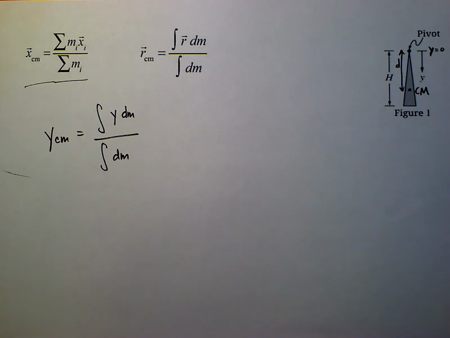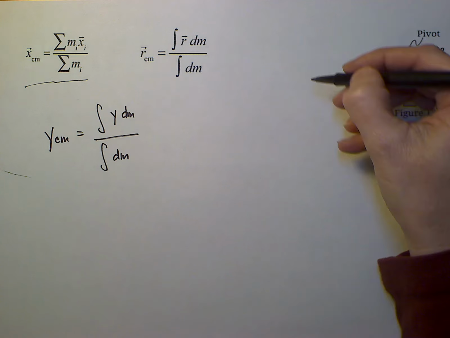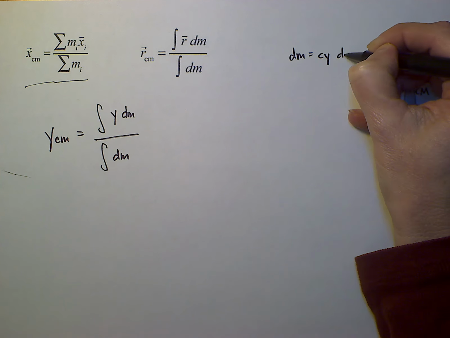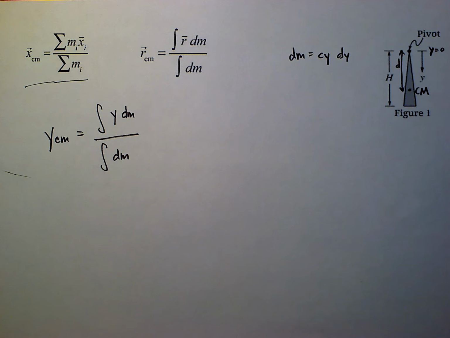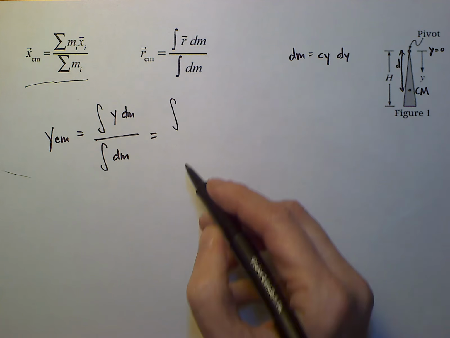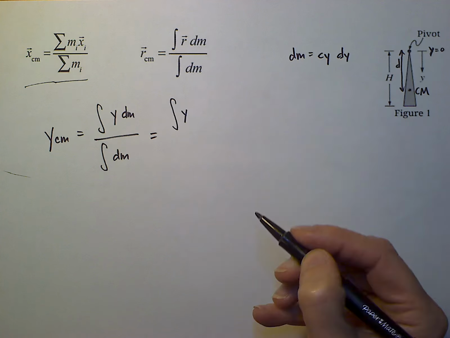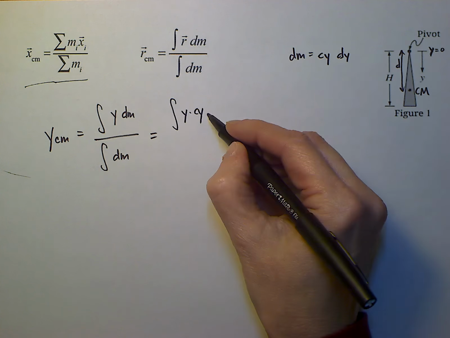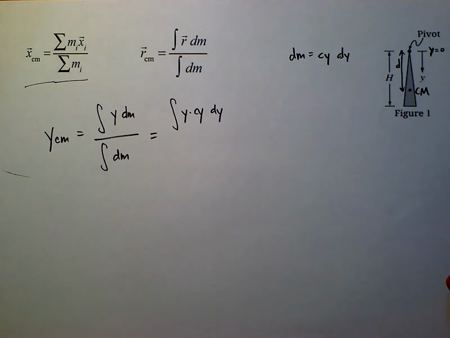So I'm working with that y direction, and again I'm going to use that statement that I had before, just to recall that dm equals c y dy. All right, so I'm going to plug that into this integral, and so keep the y, but then also multiply by another c y dy.